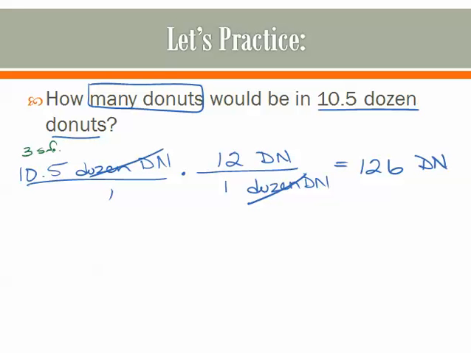Coming over here, we know that 12 donuts in a dozen is infinite because it's a count, and that gives us 126 donuts. And so smallest number here would be 3, so my final answer should have 3 significant figures, which we see that we do. Double checking, does it make sense that we would have 126 donuts in 10.5 dozen? Yes, it does. So my answer also checks out.